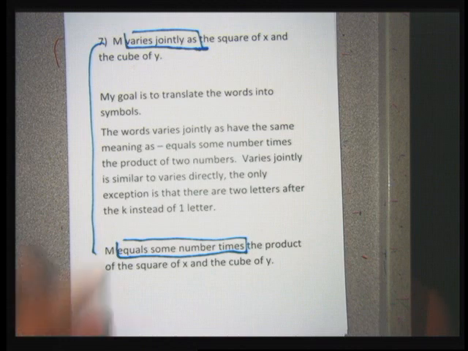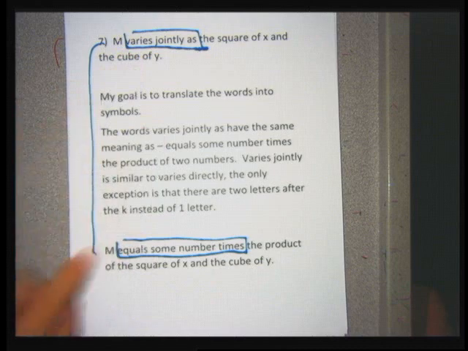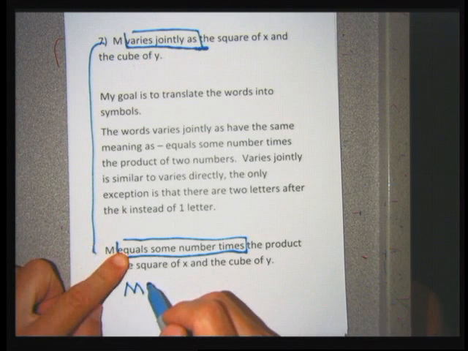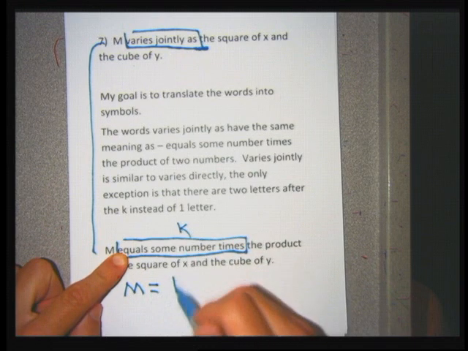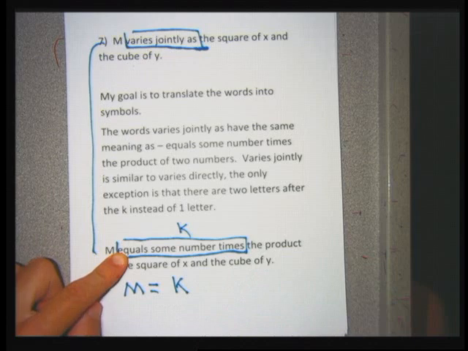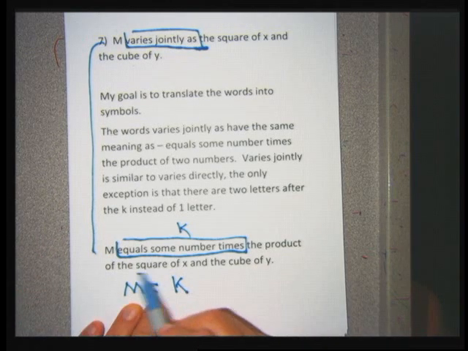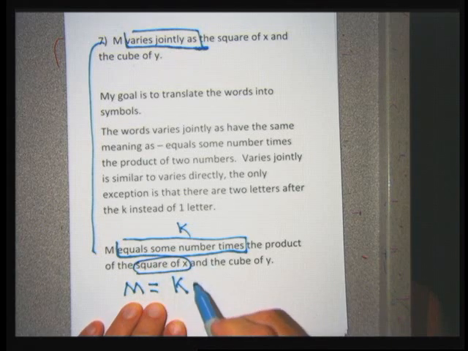So now I took my sentence, changed it a bit, and now I'm going to write my equation. The letter m, I'm going to leave as the letter m. The equals, I'm going to write as an equal sign. The k, I'm going to make some number. After the k, I need two letters, and very specifically, they are the square of x. I don't see a root, so I don't need a radical.